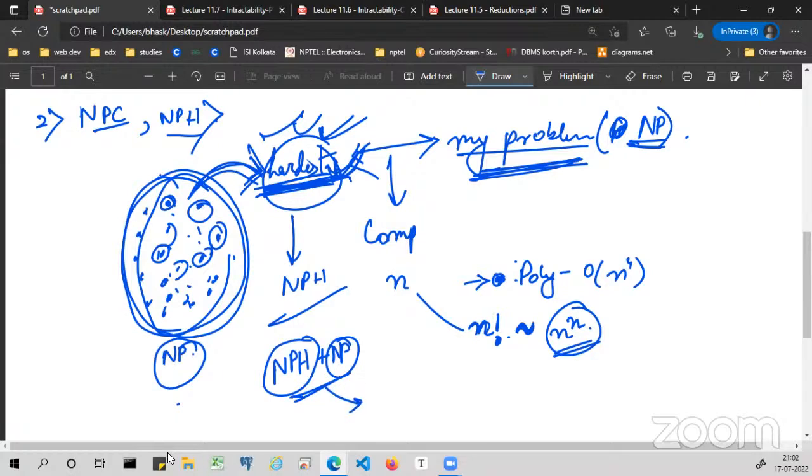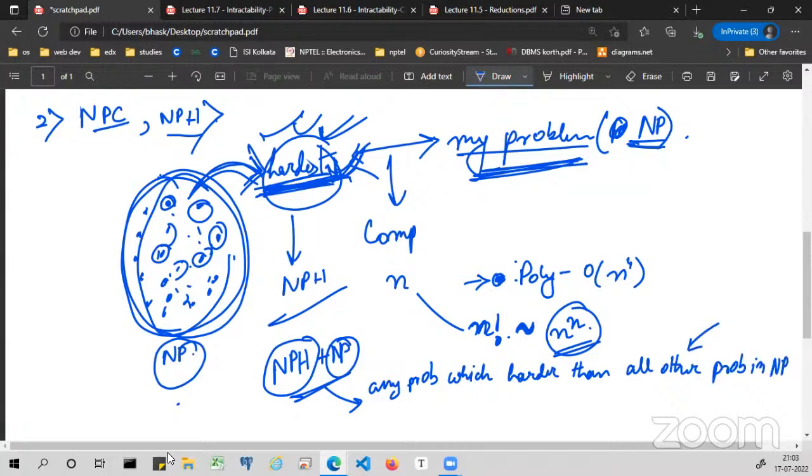The statement could be: any problem which is harder than all other problems in NP. This statement is borrowed from the NP-hard property, and that problem is itself a member of NP.